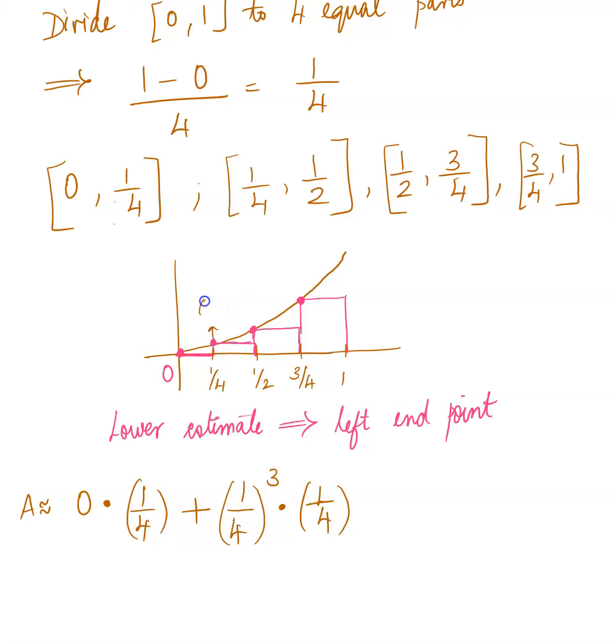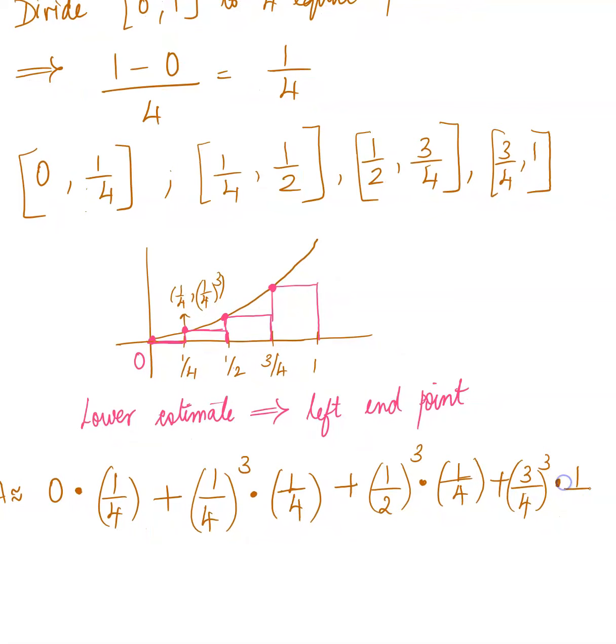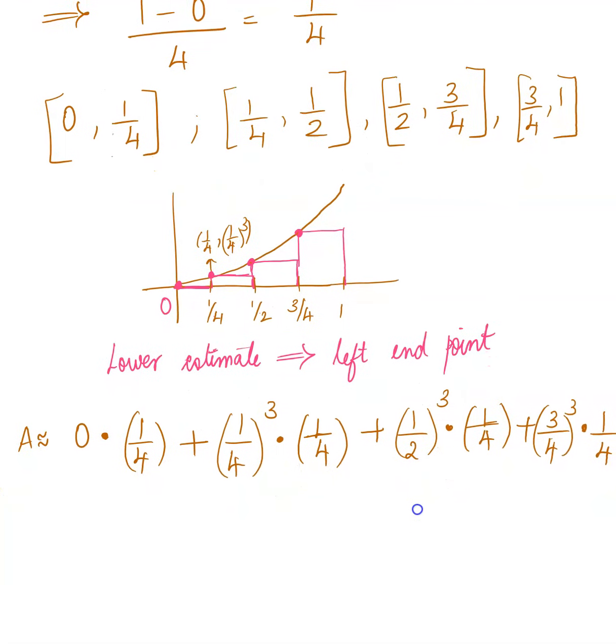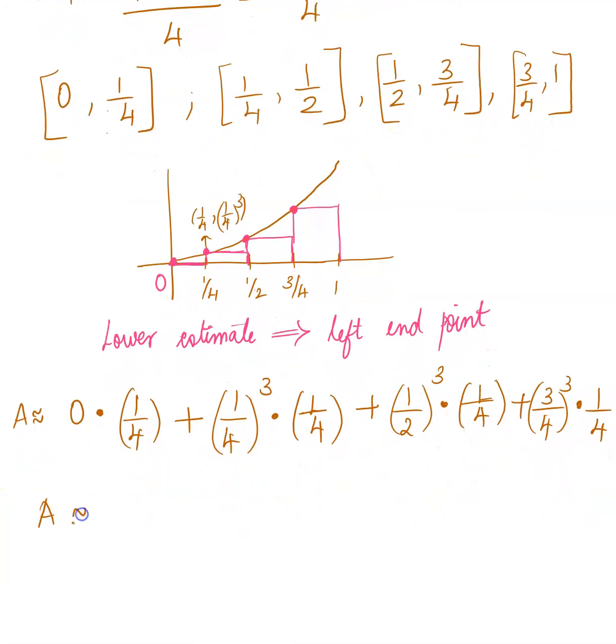This point will be 1 over 4, 1 over 4 the whole cubed, plus half, that's the third end point, times the width, which is the same, 1 over 4, plus the fourth one would be 3 over 4 the whole cubed times 1 over 4. So go ahead and compute all these things. The area comes out to be approximately 9 over 64.